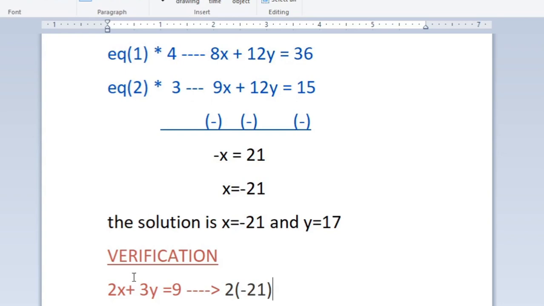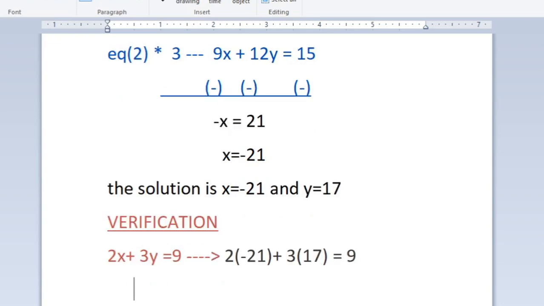Then plus, you can write down plus as it is. Then 3, then the value of y, which is 17. Is equal to 9.